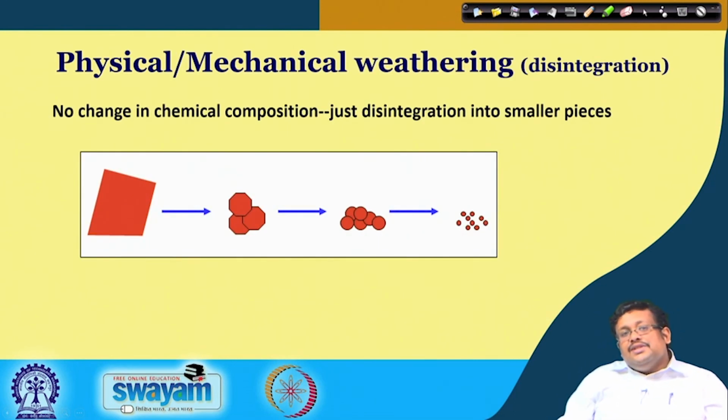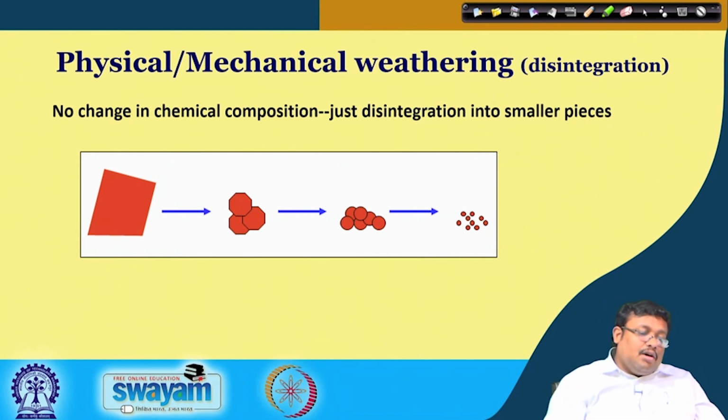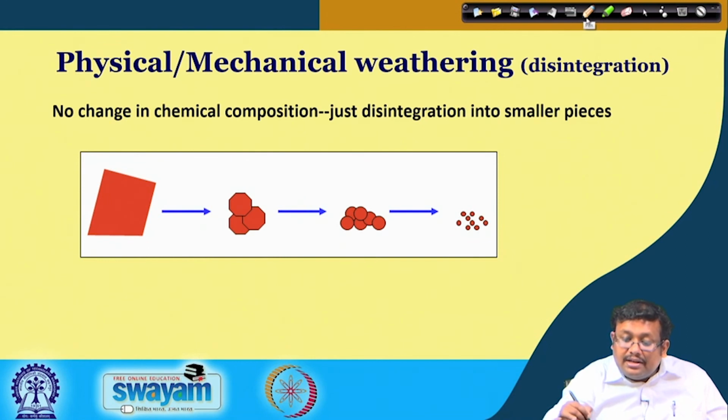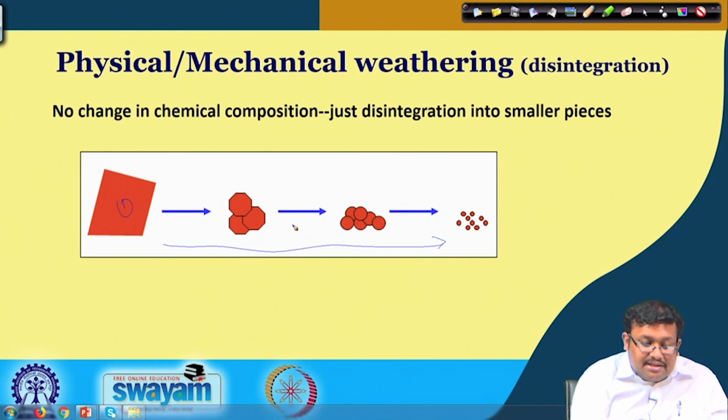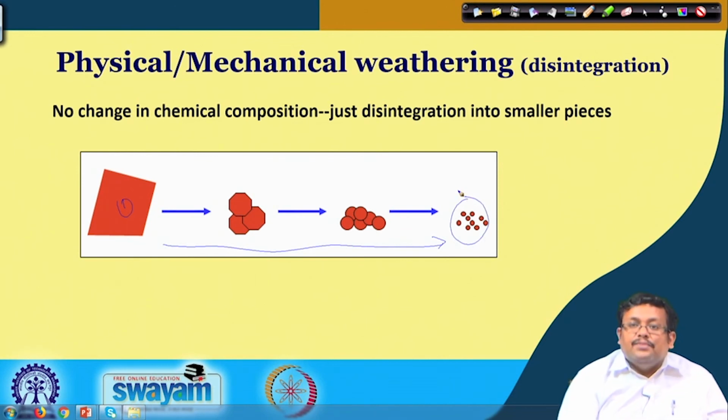Let us focus on physical weathering first. Another name for physical weathering is mechanical weathering or disintegration, and one of its major characteristics is that there is no change in chemical composition, only disintegration into smaller pieces. As you can see, this is a rock which starts weathering at stage 1, and as time passes, these bigger rock fragments are converted into smaller rock fragments or parent materials.